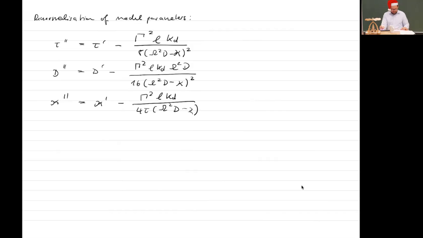And for convenience, we define this one here as A, and we define this one here as B. So now we have the updating scheme, the total updating scheme of three of the parameters.